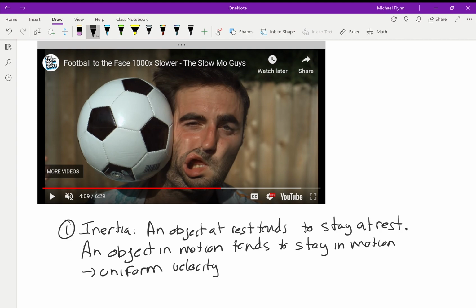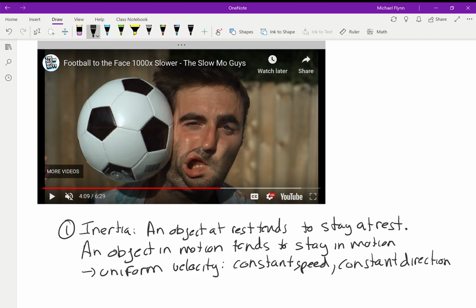And since velocity is a vector, it means a constant speed, but also a constant direction. So you can't change direction. It has to keep the direction the same. So in other words, objects tend to move in a straight line at a constant speed. That's how they tend to move.